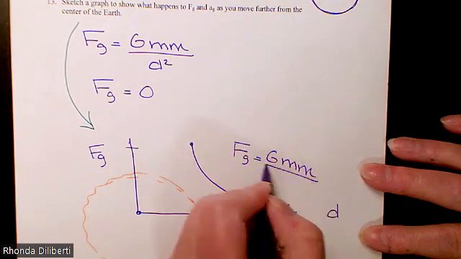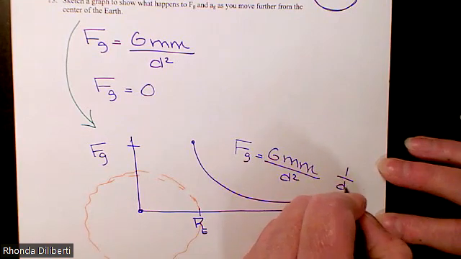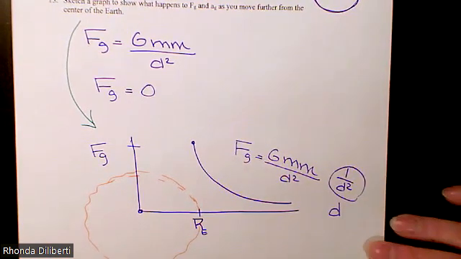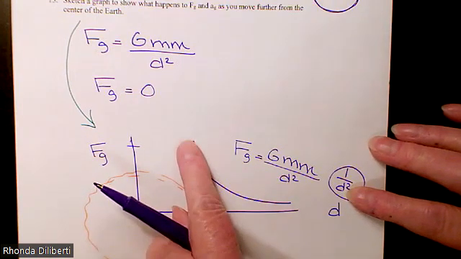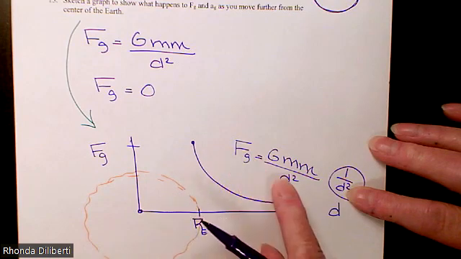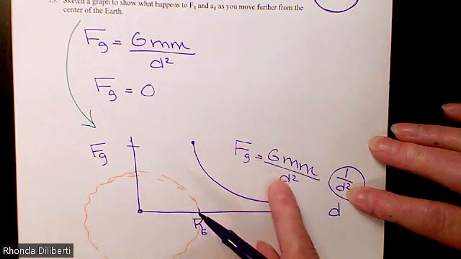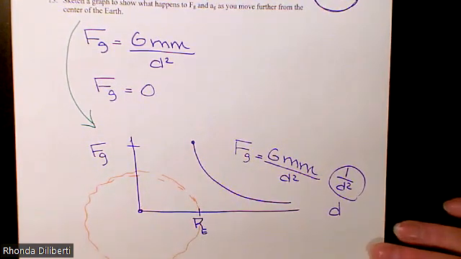When I say inverse square law, that means that there's a 1 over d squared in the equation. As the distance gets big, the force is going to get small, but it's actually going to happen exponentially because I have that little squared. So I know the graph's going to look like this.